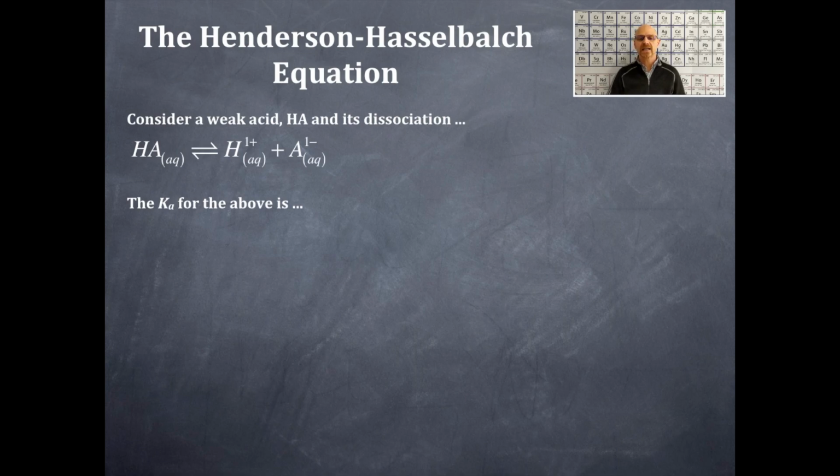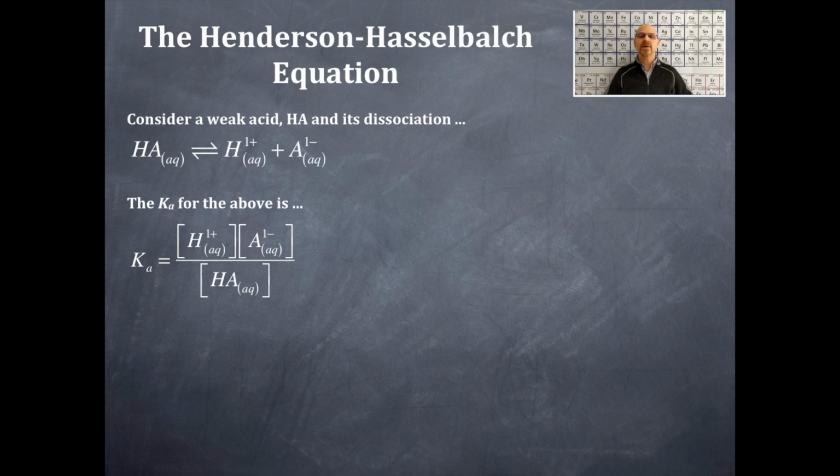Now remember, the Ka is the products over the reactants with the stoichiometric coefficients as exponents. So the Ka is equal to the hydrogen ion and the conjugate base of the acid in the numerator, and in the denominator is the HA, that weak acid.